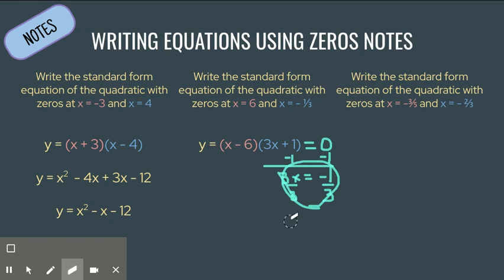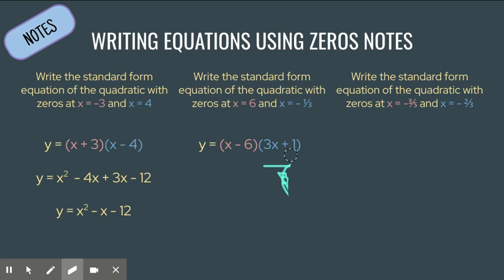Okay, that's just showing you that it would work. And I'm just kind of proving it to you there. But it's always going to be the opposite of the top number goes right here. The bottom number goes in front of x. So it's just working the pattern that we did last time backwards.